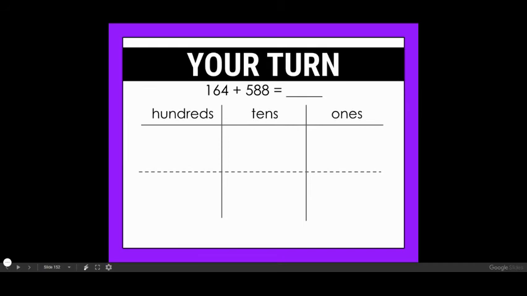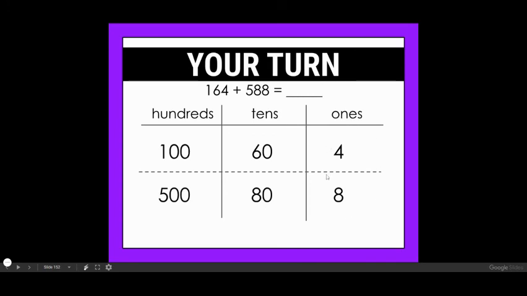Go ahead and pause the video and draw your hundreds, tens, and ones chart and try this one all on your own. And then when you finish, come back and we'll check your answer. So your first addend should have been 160 and 4, and your second addend should be 580 and 8.